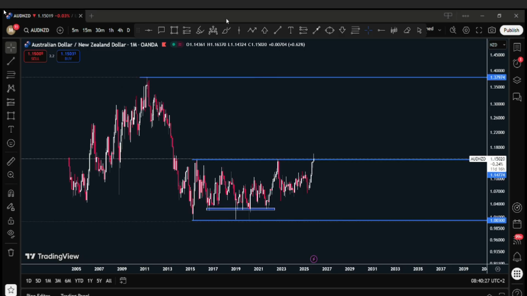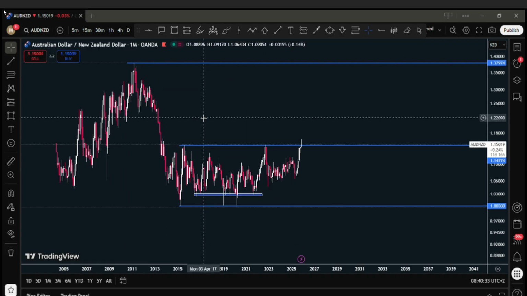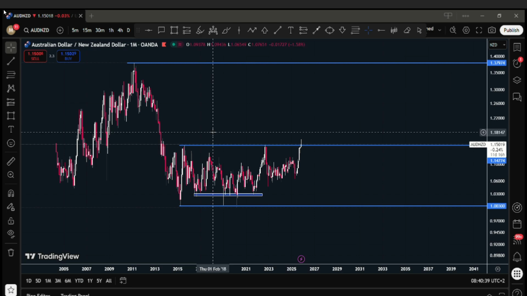Actually, let's get into a chart. So currently we are looking at AUD/NZD, and we are going to be focusing on support and resistance.